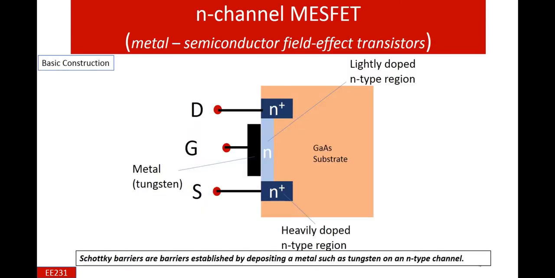We are starting with the discussion on the N channel MESFETs, metal semiconductor field effect transistors. Here the metal we are adding, and the gate terminal is connected to the metal. In this case we are using tungsten, and here the base of the device is different from the other semiconductor devices like the MOSFETs and JFETs.